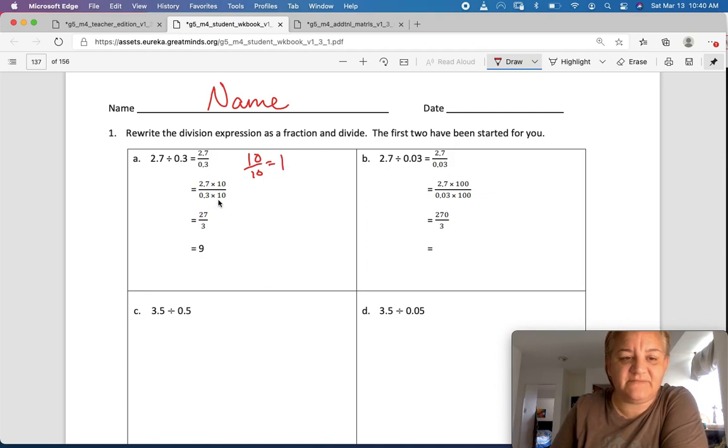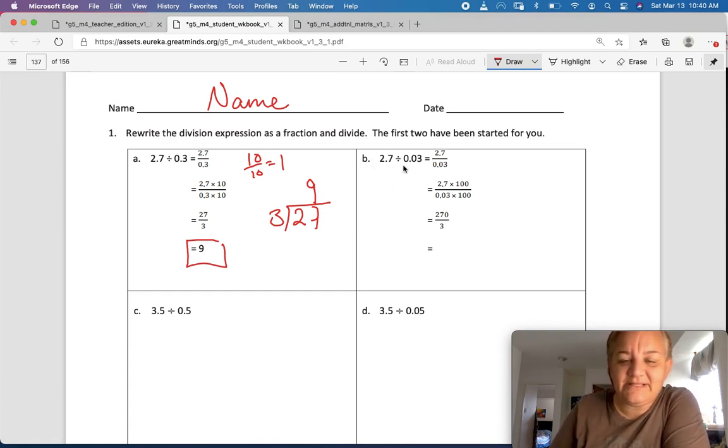It doesn't change the value, it just moves over that decimal for us. So 2 7/10 becomes 27, and 3/10 becomes 3. And then 27 divided by 3, which you can do some scratch work over here if you'd like, equals 9. There's our answer. That's exactly what we did on the other page. I just went through the steps with you. Here they've written the steps out for you.